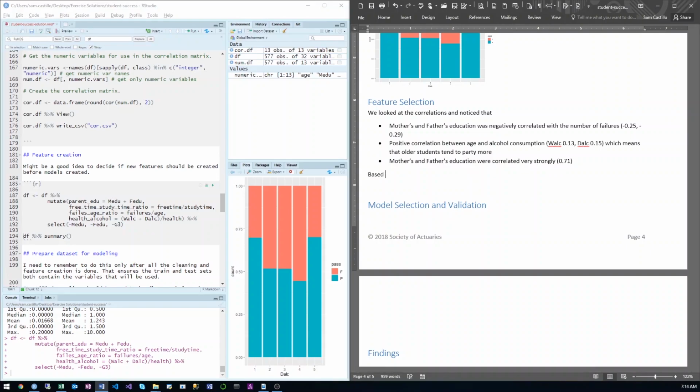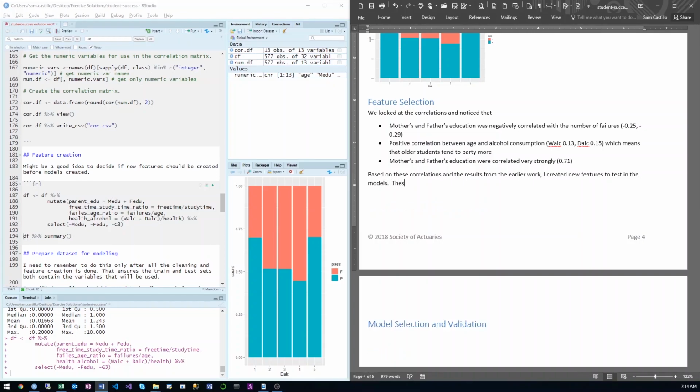Based on these correlations and the results from the earlier work, I created new features to test in the models.